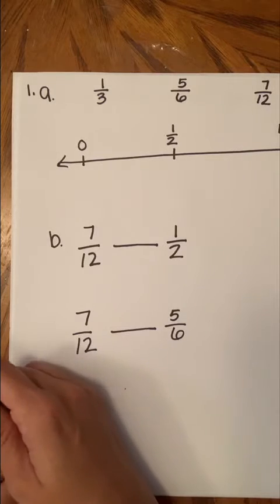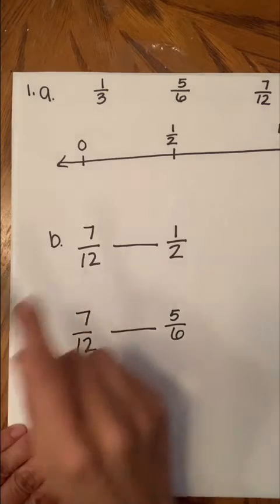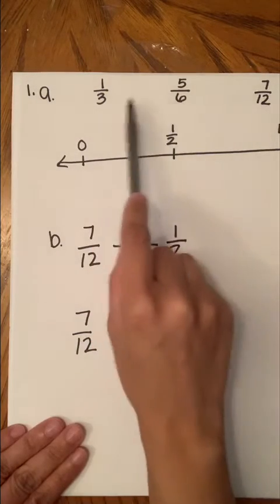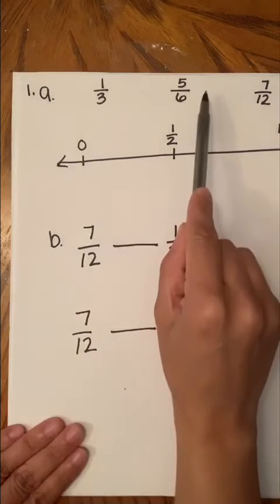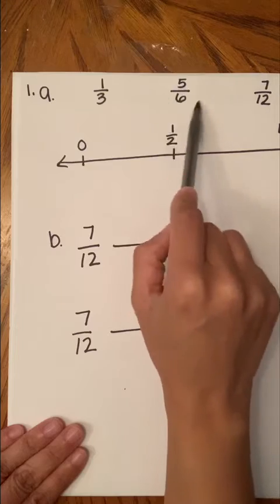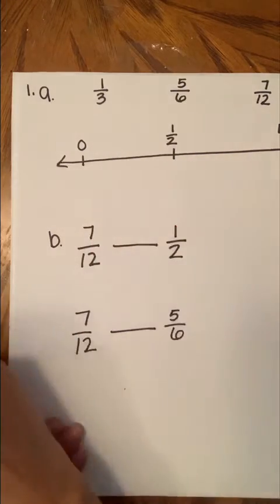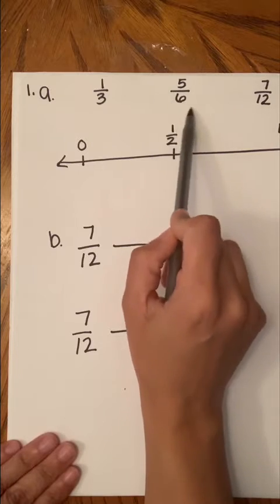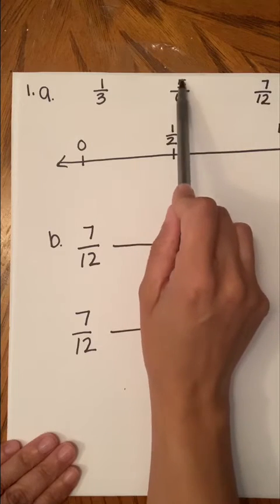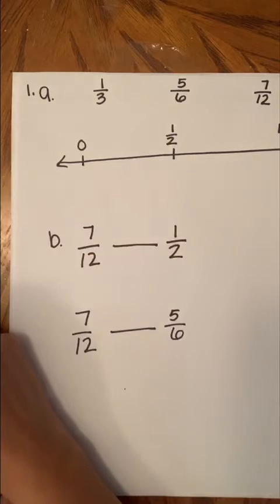So, just by looking at these 3 fractions, my eye first goes to this one. You don't have to go in this order if you don't want to, but Miss Martinez is looking at this fraction, 5/6.